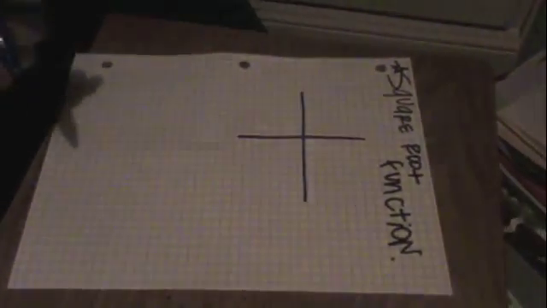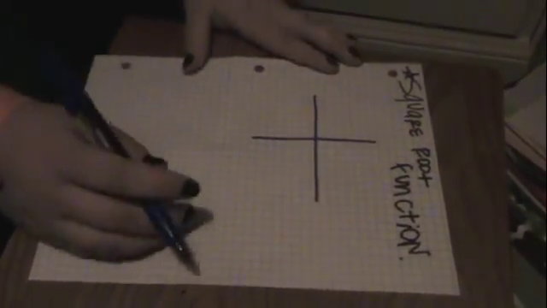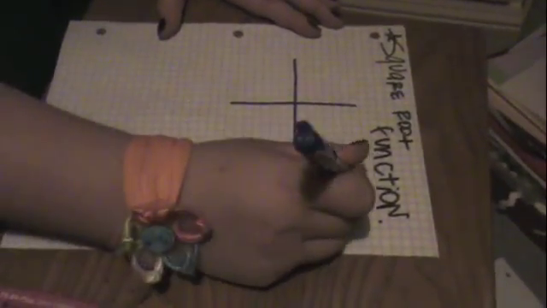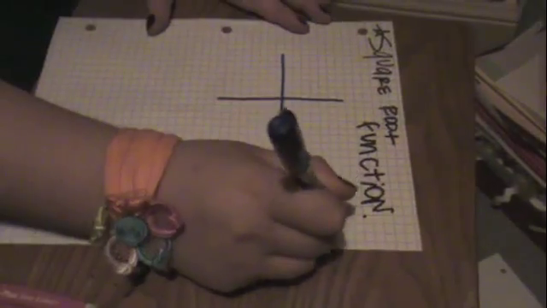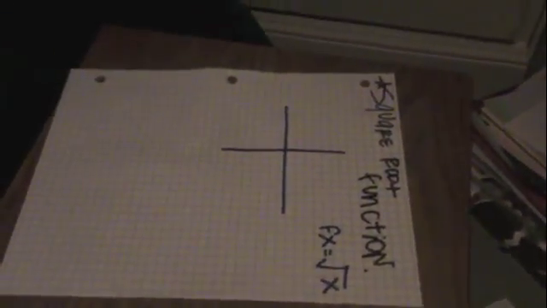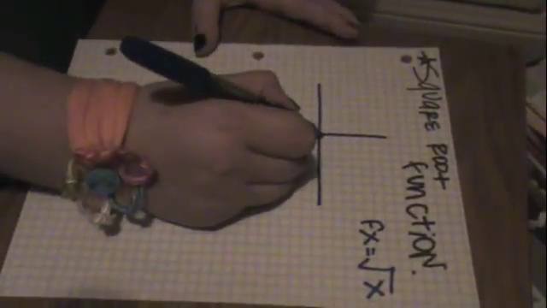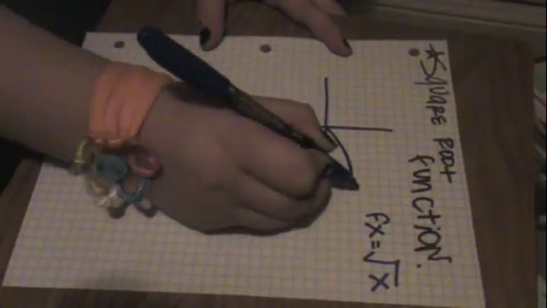Next, we're gonna do the square root function. This is an easy one to remember because the equation is f of x equals the square root of x. Of course. But this is the easy one because it never goes to the negative side in either way. It's always positive.